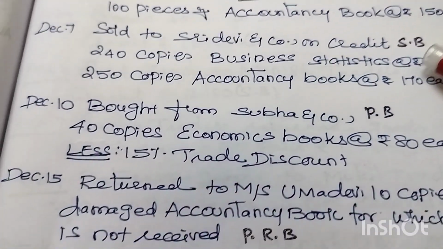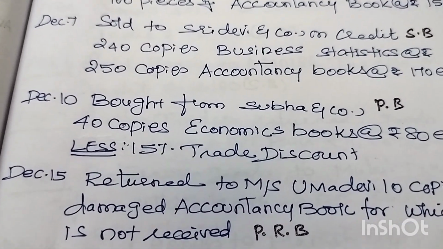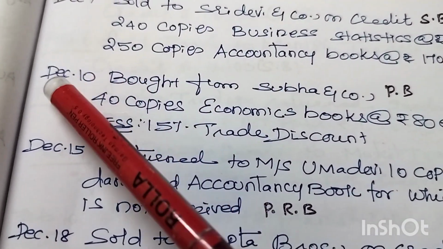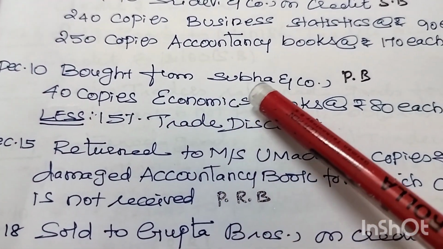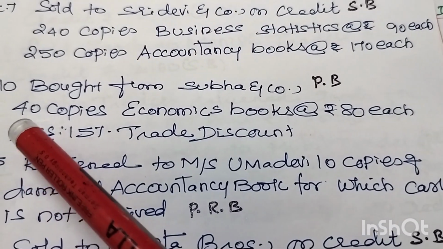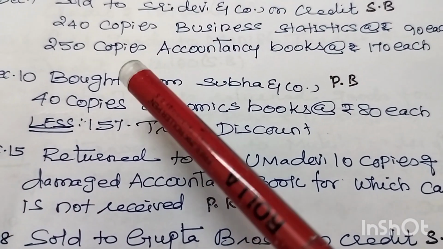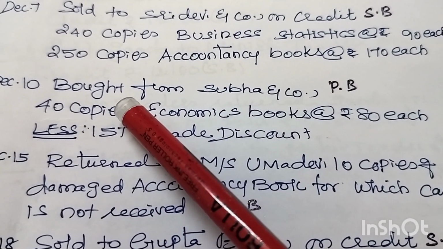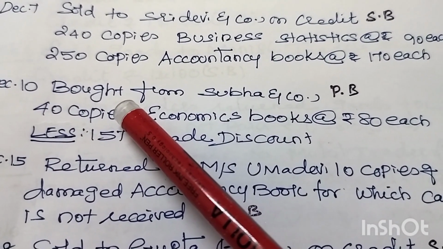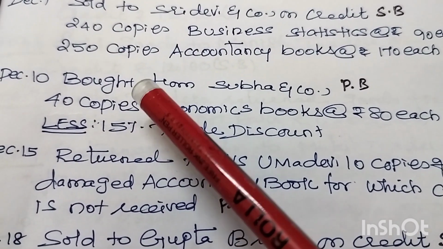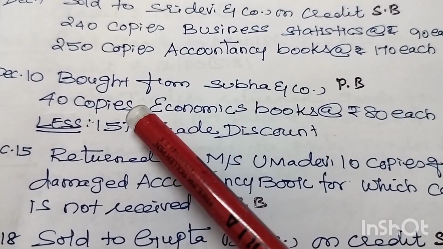Okay, then let's find which book the next transaction is to be entered into. December 10, bought from Subha and Co. What does this transaction tell us? This is a credit purchases transaction. They didn't give any word like cash or credit, so you have to consider that transaction as a credit transaction.